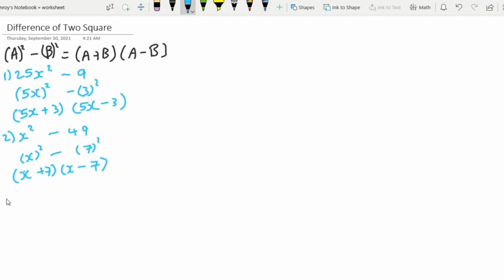Our third example is x squared minus 144. We know two numbers that when multiplied give you x squared. Start by writing our brackets. Now x will be in one bracket, now plus sign will be in one bracket, or no, minus sign will be in one bracket.